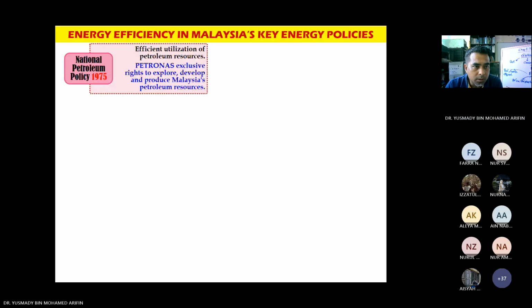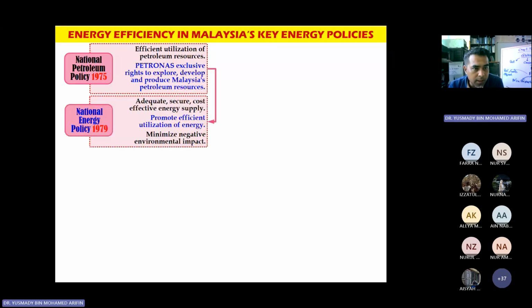For example, we have the National Petroleum Policy 1975, where this policy aimed to make sure of efficient utilization of petroleum resources, and also makes sure that Petronas has exclusive right to explore, develop, and produce Malaysia's petroleum resources. So this is the summary of the National Petroleum Policy 1975.